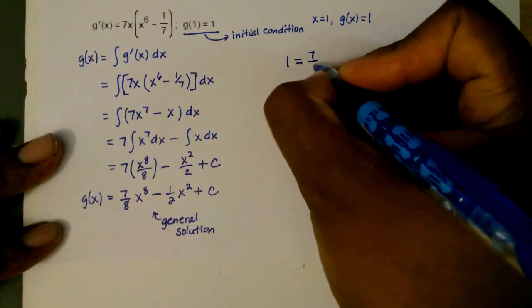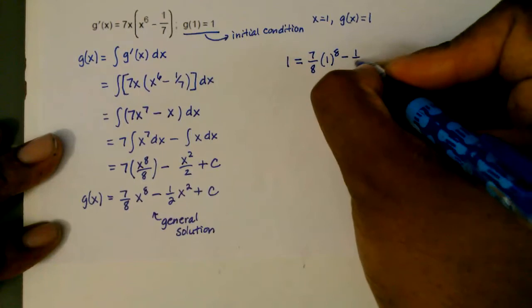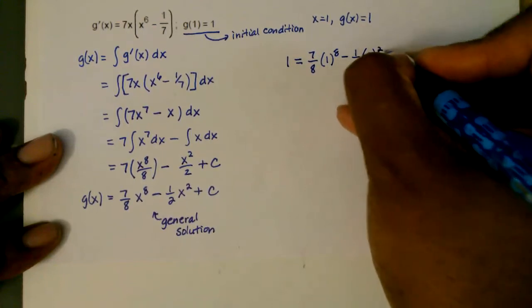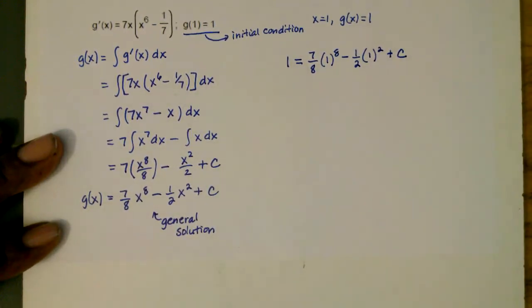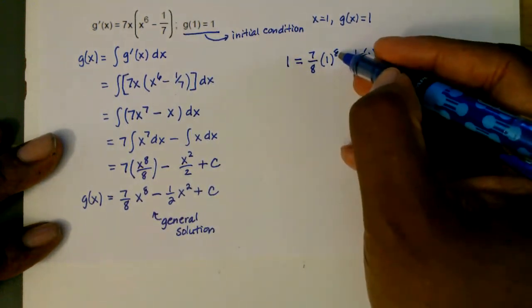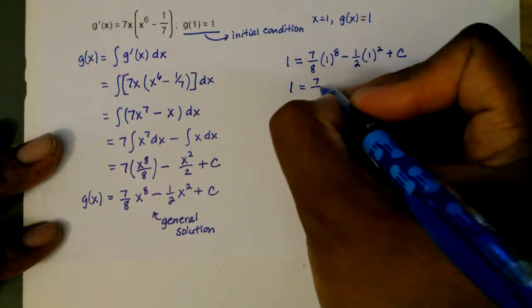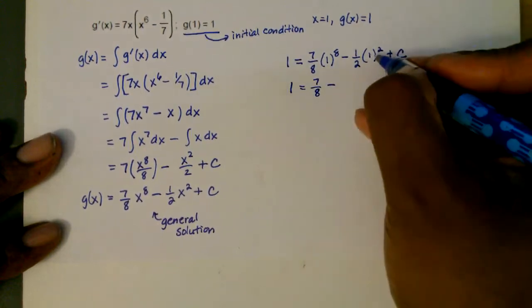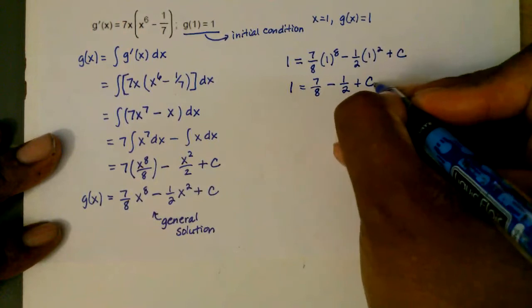So it'll be 7/8 times 1 to the 8 minus 1/2 times 1 squared plus c. I'm finding out what that constant is. That will help me obtain the particular solution. Well, 1 to the 8th is going to be 1, times 7/8, so it will be 7/8. So I have 1 is equal to 7/8 minus 1 squared is 1 times 1/2 will be 1/2, plus c.